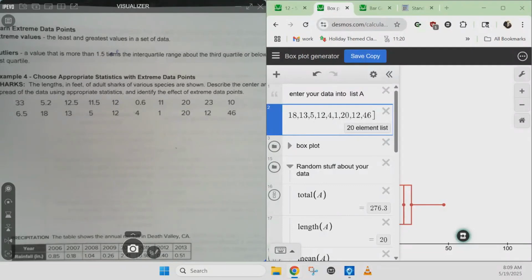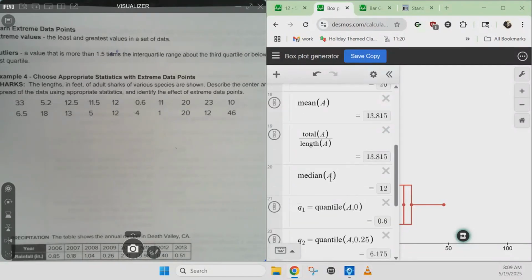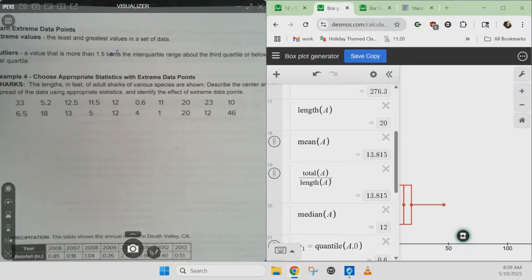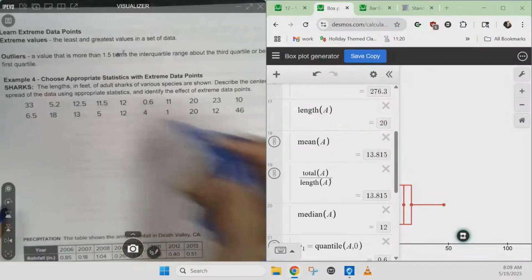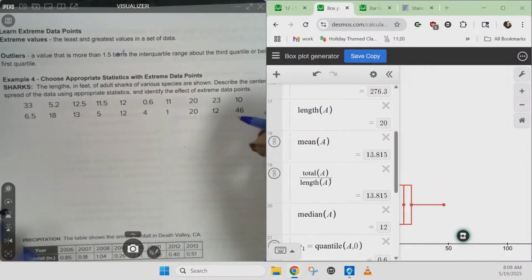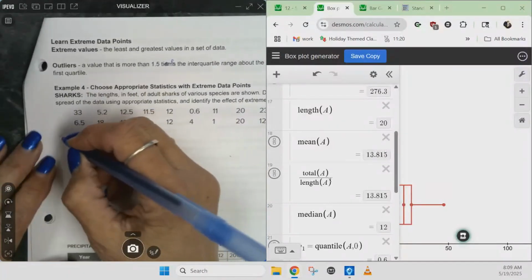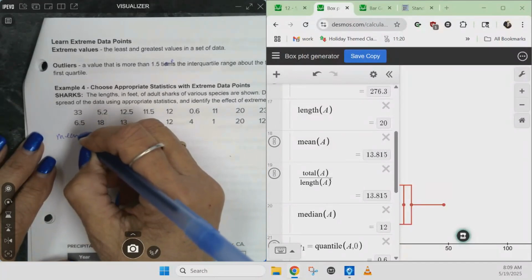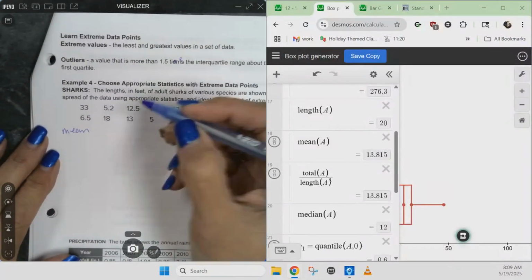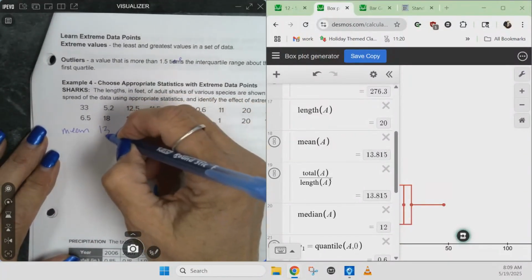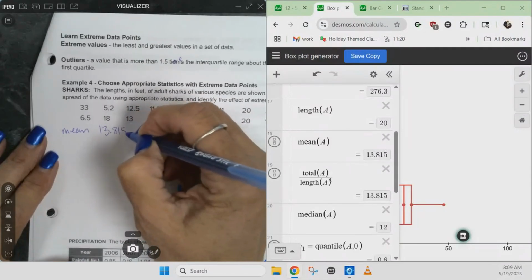Now remember, on the box plot, you can come down here and it will give you the information. So I'm going to write this. So our mean is 13.815.